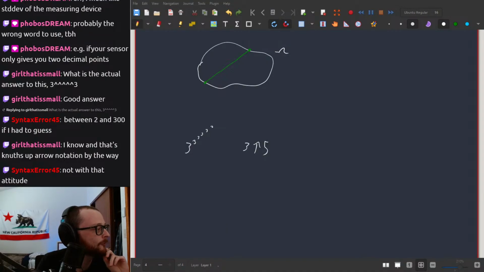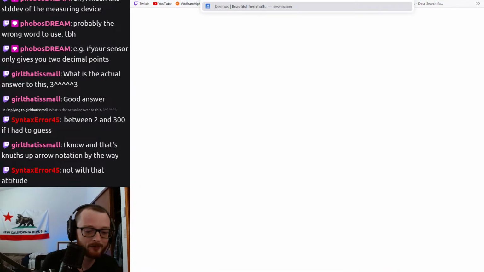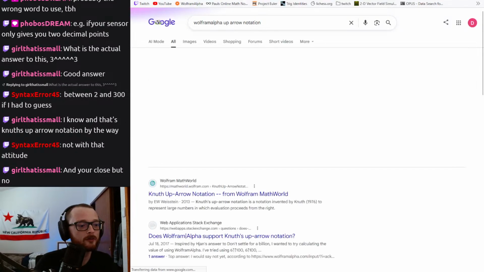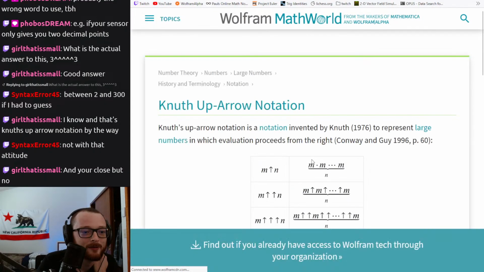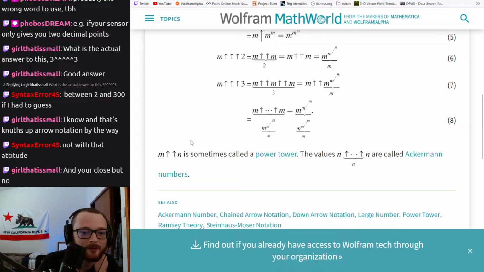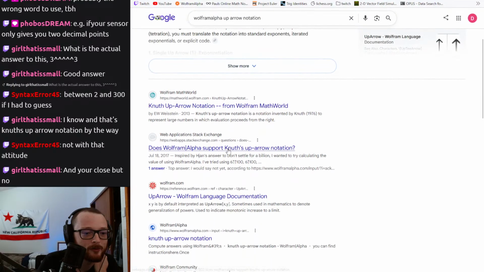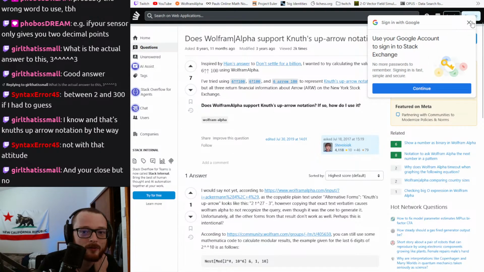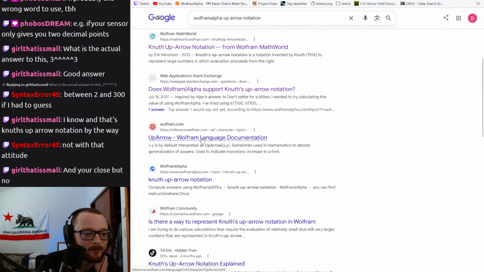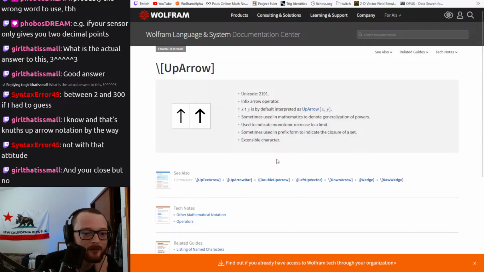Can Wolfram Alpha do up arrow? Wolfram Alpha up arrow notation. You're not telling me how to do it. Up arrow. Aha.